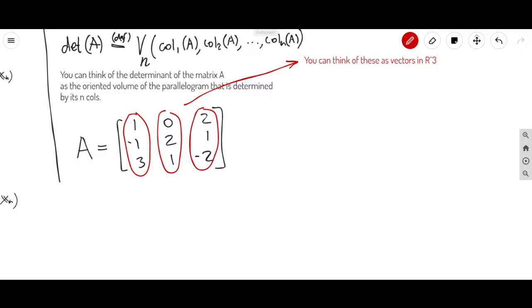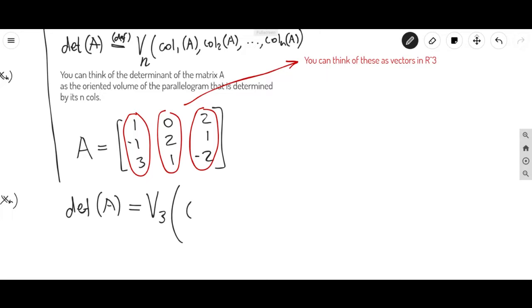They're vectors in space, in 3-dimensional space. This is a vector, that's a vector, this is a vector. And the determinant of this matrix would be the three-dimensional volume that is determined by these three vectors.